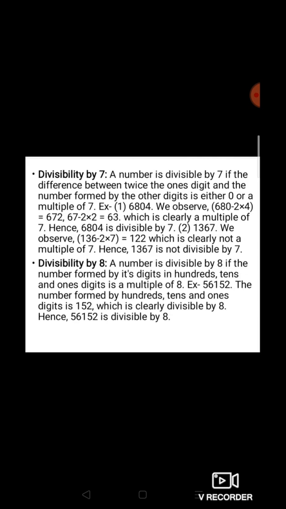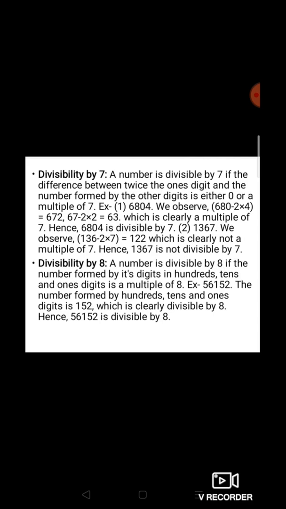So ones place digit is 4 and we will make twice of 4. So if we multiply 4 with 2, we get 8. Now we will take the remaining digits, that is 680. Except 4, we will take the remaining 3 digits. So now if we subtract 680 with 8, 680 minus 8 gives us 672.